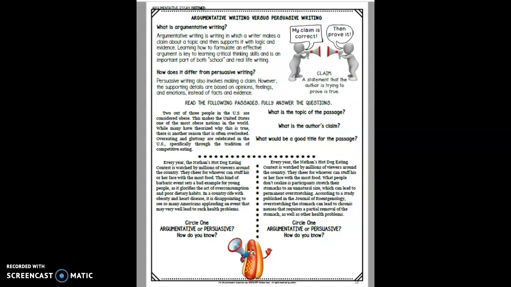According to a study published in the Journal of Rheumatology, overstretching the stomach can lead to chronic nausea that requires a partial removal of the stomach, as well as other health problems. Okay, go ahead and decide if you think that is argumentative or persuasive, and then write how you know. Remember, do this response on the other uploaded copy.